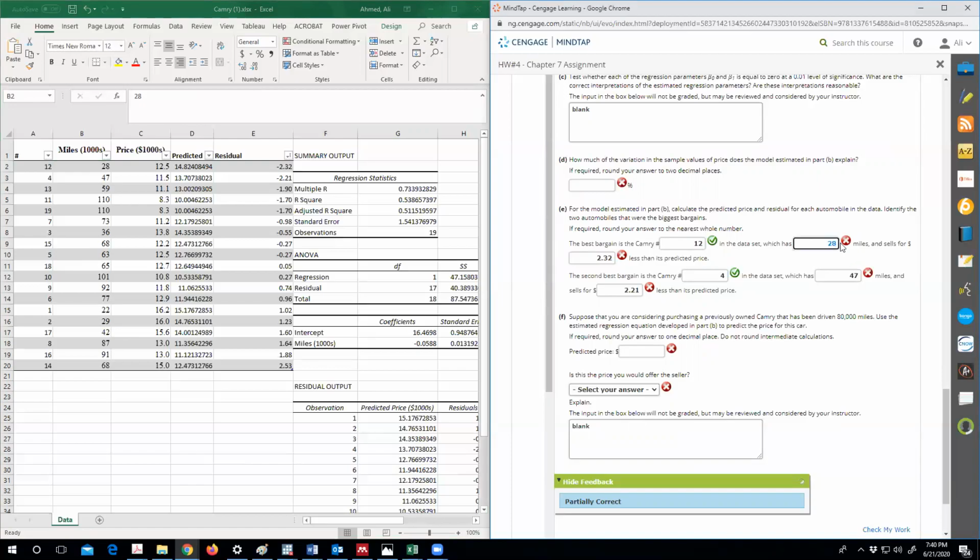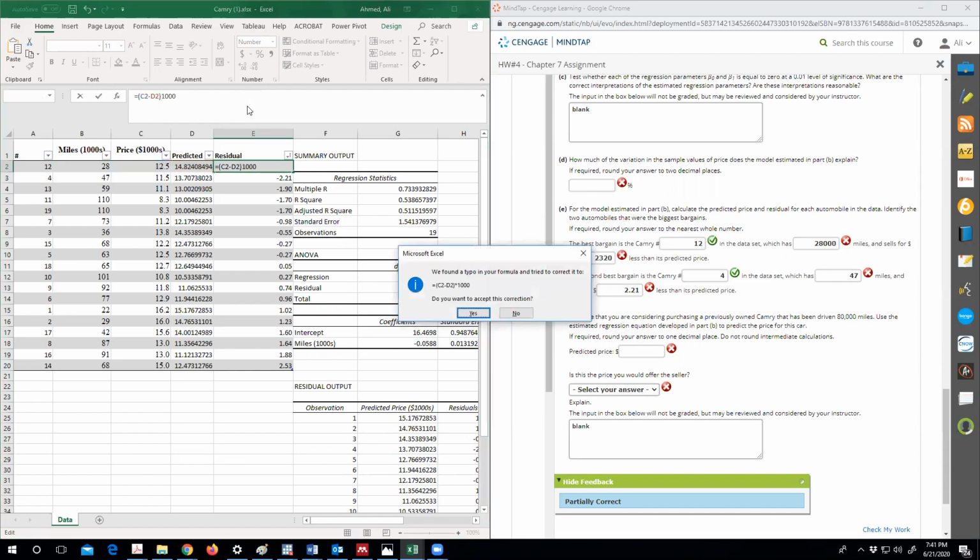I think it should be 28,000 miles. Oh yeah, because it's in thousands. Yeah, 32. I think it's like that. That would make sense, yeah. But it's still a guess. We don't know.